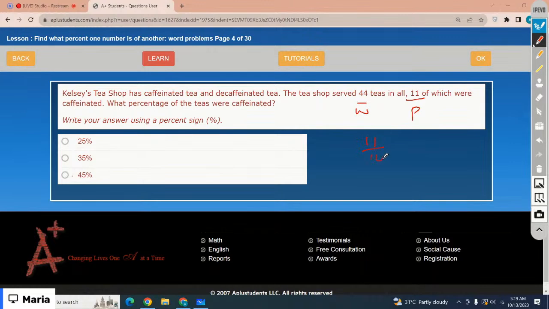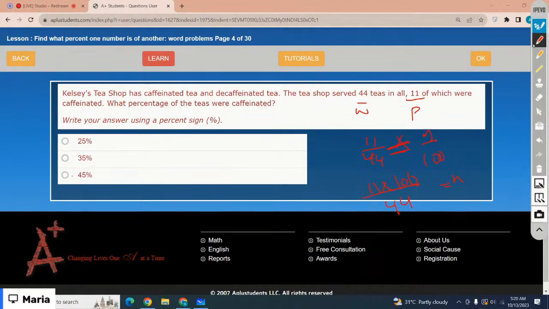Just do 11 over 44 equals n over 100. So n equals 11 times 100 over 44. Yes, it is.